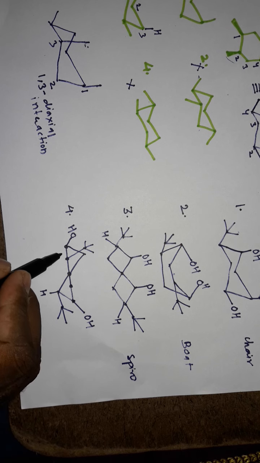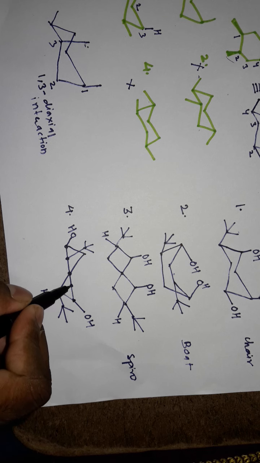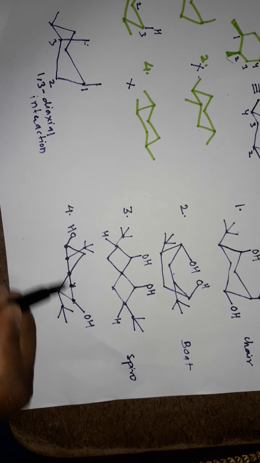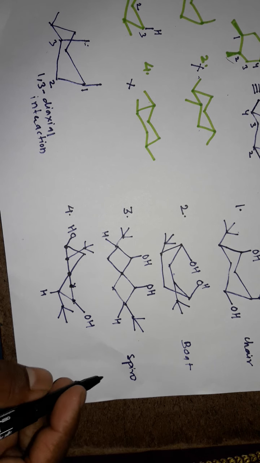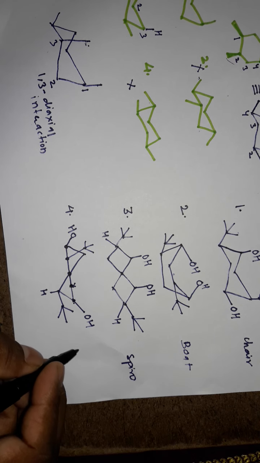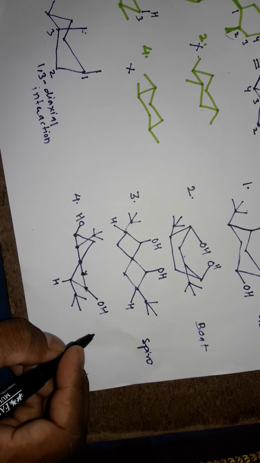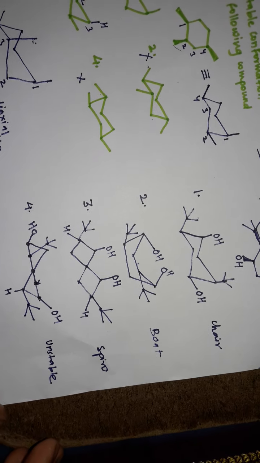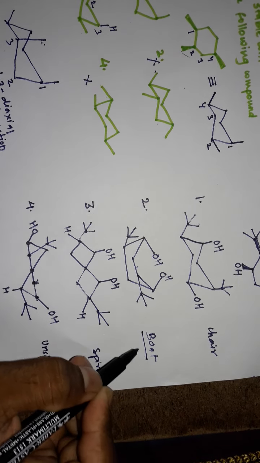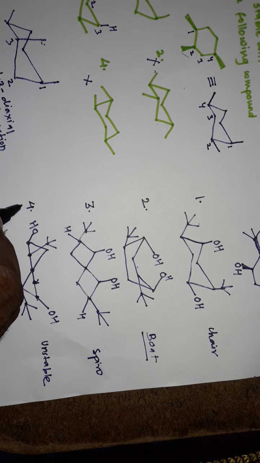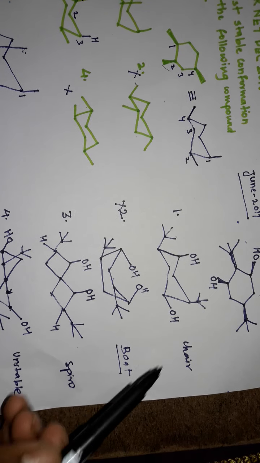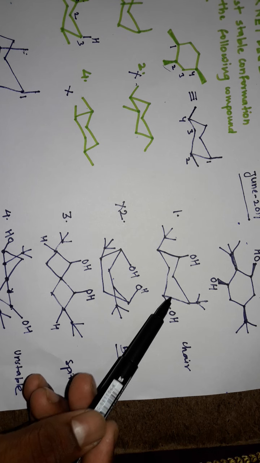In this structure there are 4 carbons in the same plane, 1, 2, 3 and 4, at 180 degrees, so this cannot be the option, it is unstable. Now this one is a boat conformer, so this also cannot be the option. So we have removed option fourth and option second. Now we are left with first and third.